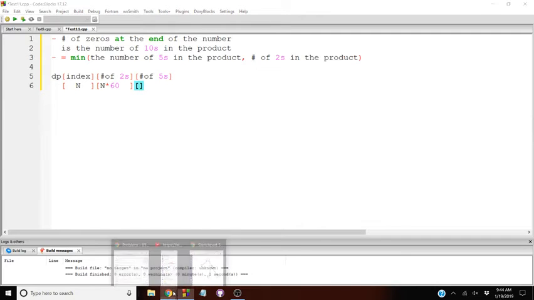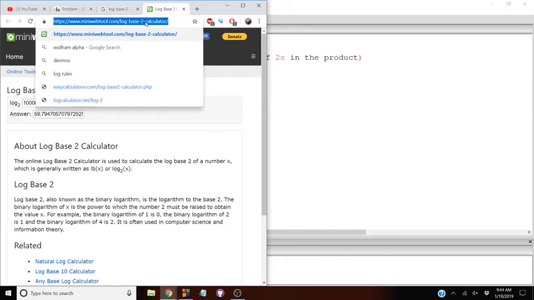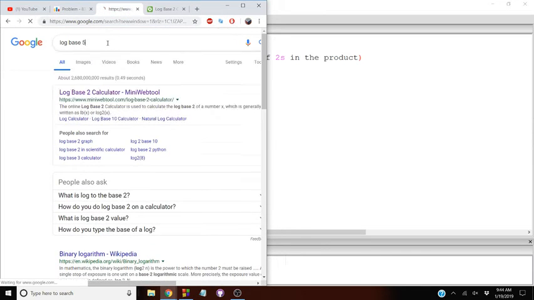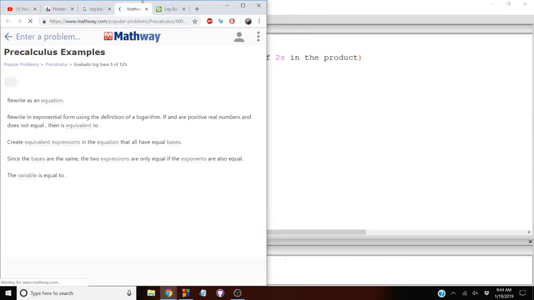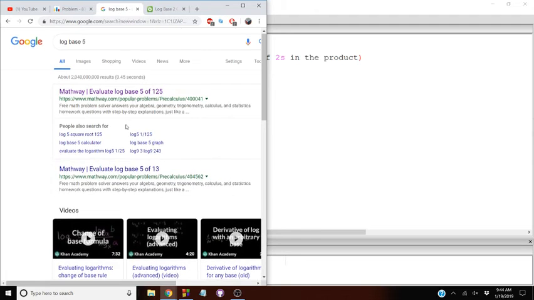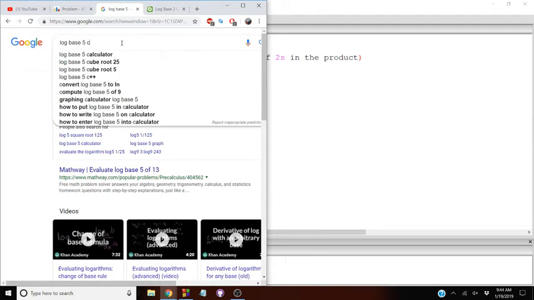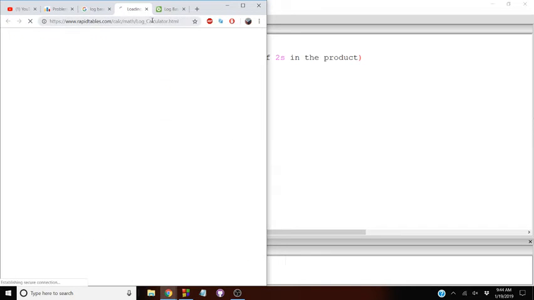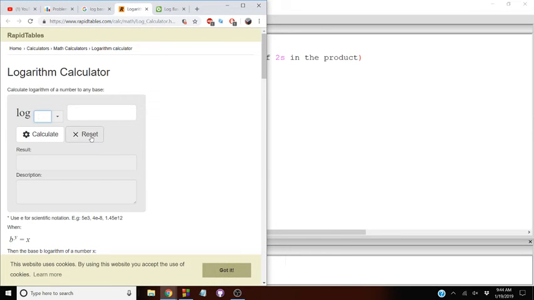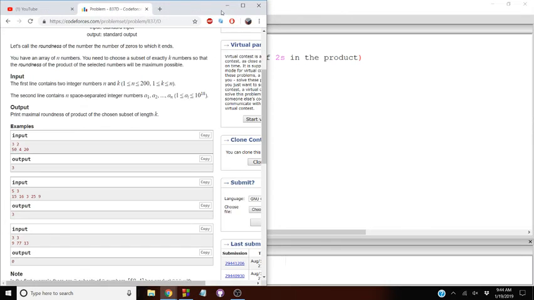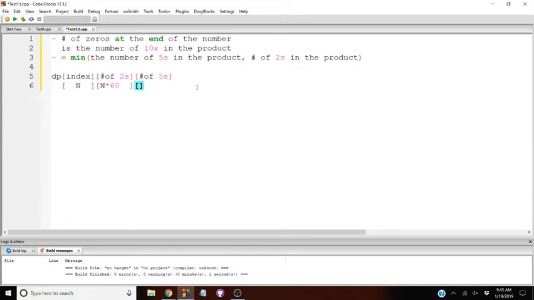And the number of 5's, let's find a log base 5 calculator. Okay, log base 5 of 10 to the 18 is 26. Let's just call it 26. So this is n times 26.